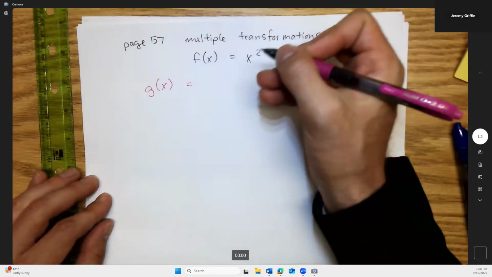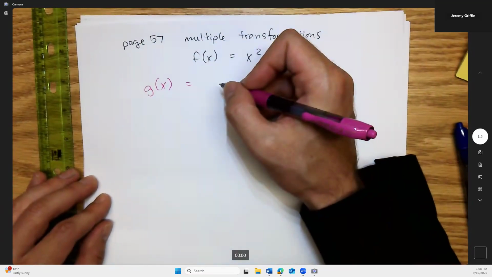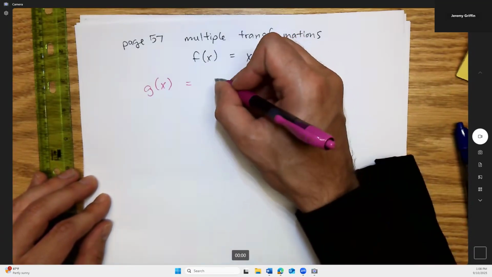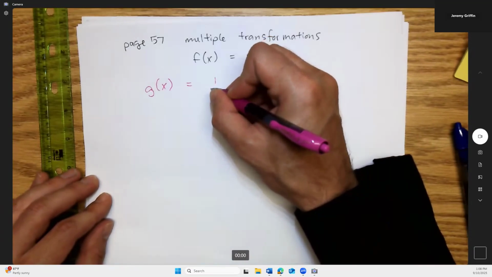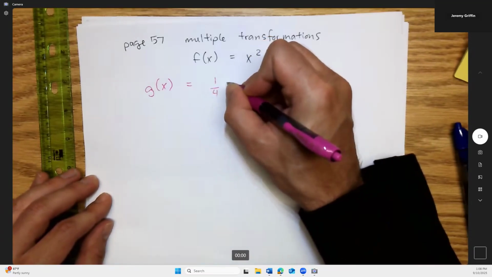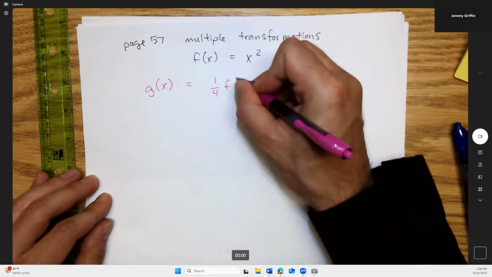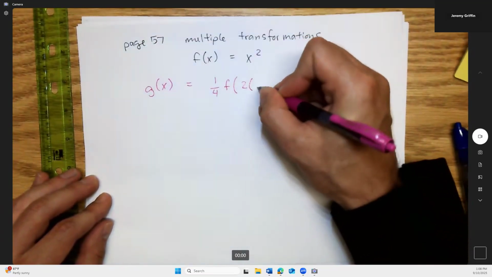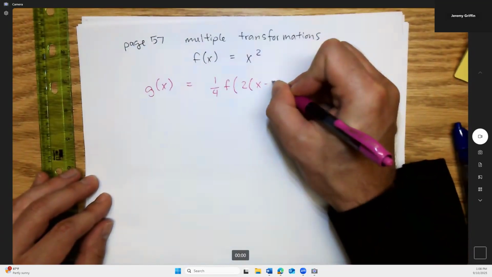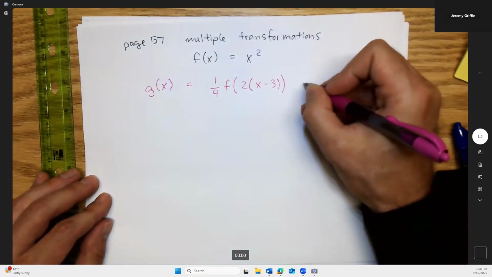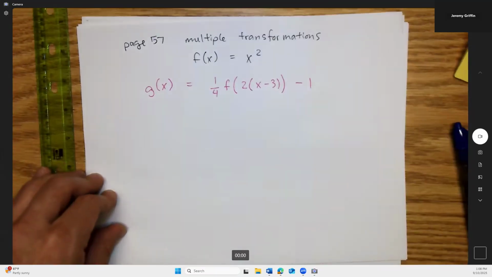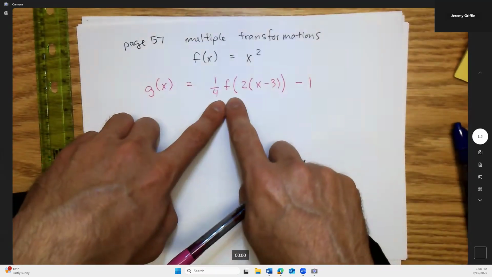What I want to do here is 1/4 of f of 2 times x minus 3, and the whole thing, let's say minus 1. Now that's really general.